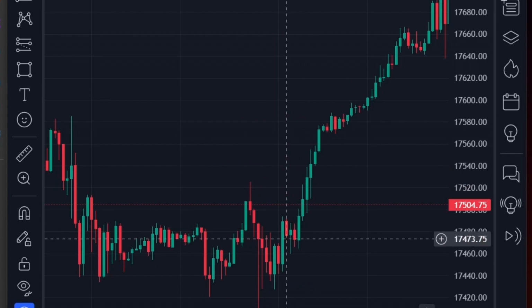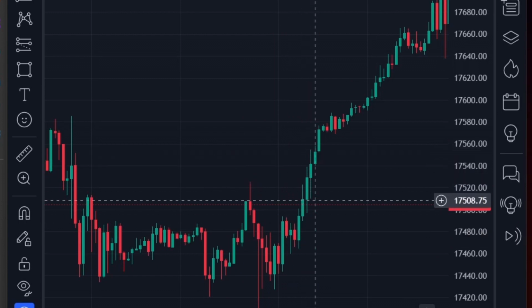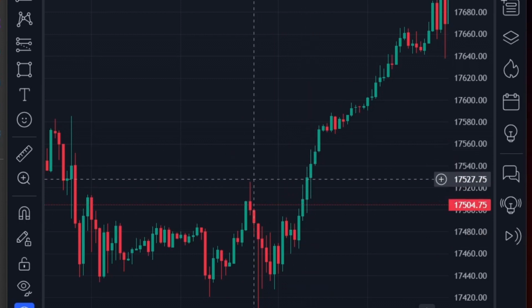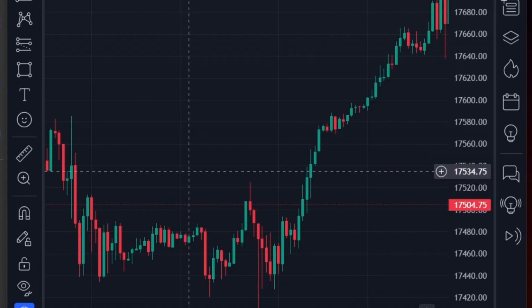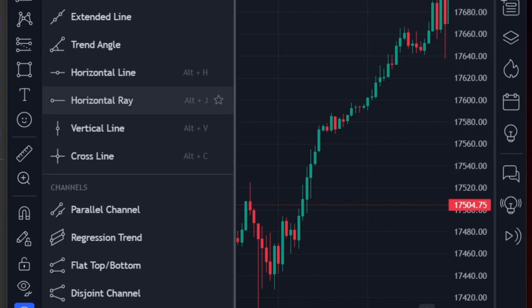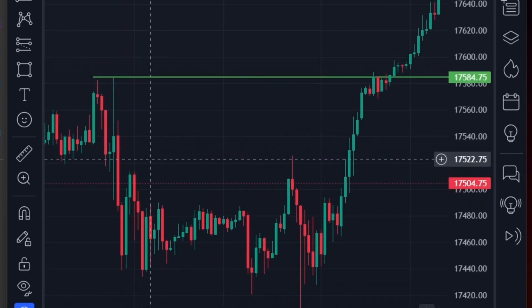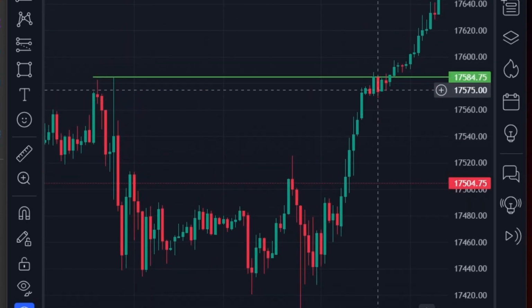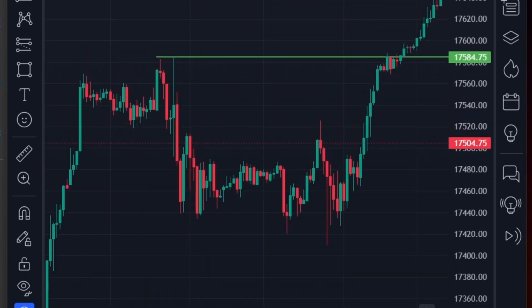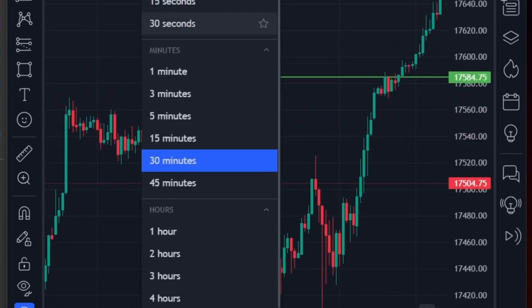When the market does this, it usually goes for the next liquidity level. As I could show you here, the market goes for this liquidity level, and if it does not show any sign of retracing back, it will reach for the next liquidity level, which is on a higher time frame.